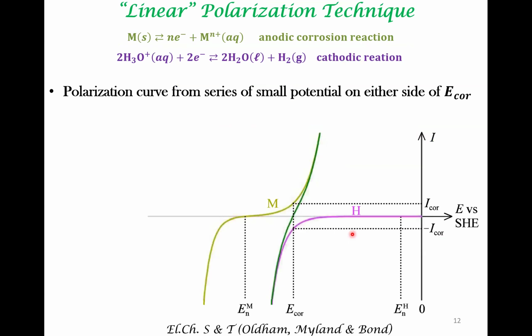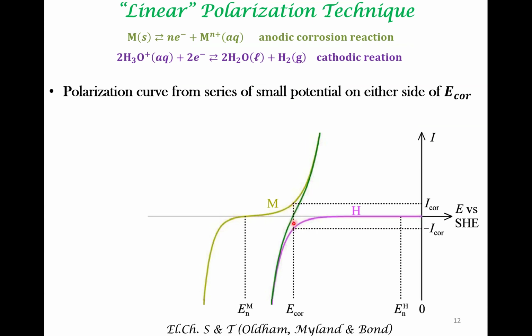Let's move on. There is another kind of experimental measurement, which is often referred to as the linear polarization technique. What do we do? This dark green curve is obtained via a series of potential changes on either side of E corrosion.